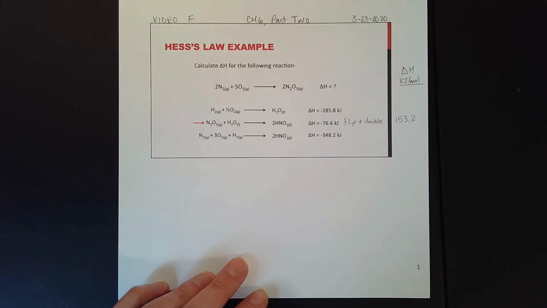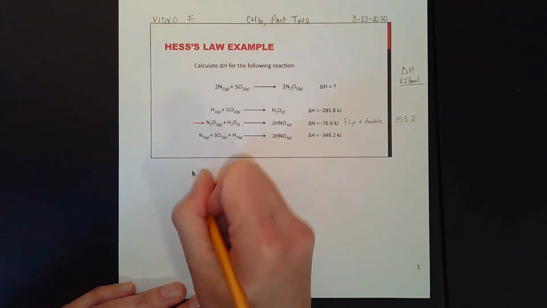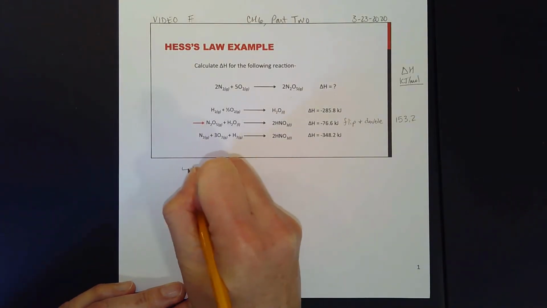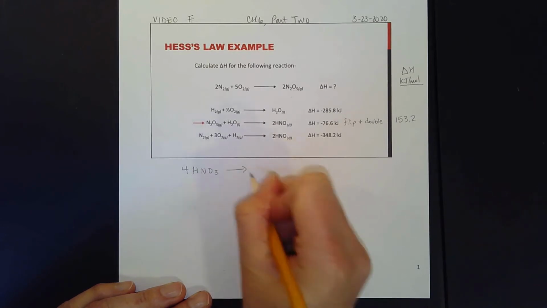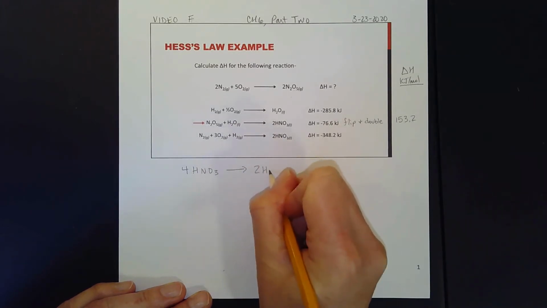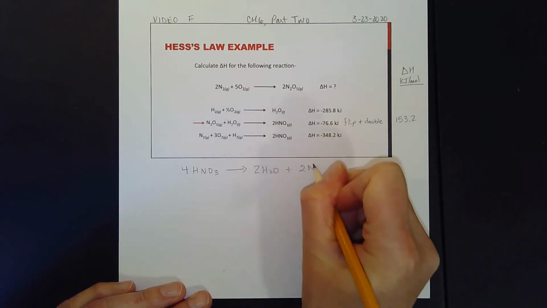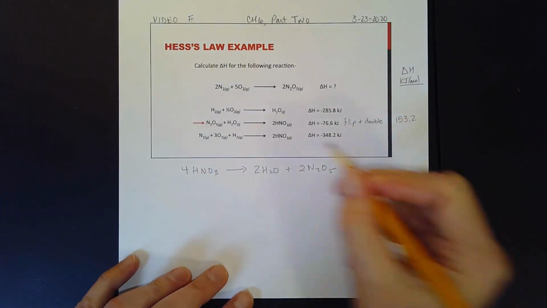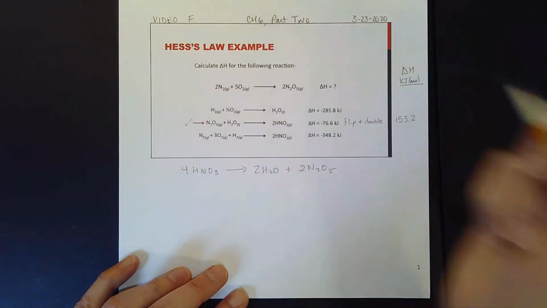Okay. So now I have HNO3, I have 4 of those, gives me 2 waters and 2 N2O5s. Okay, that was from this one.